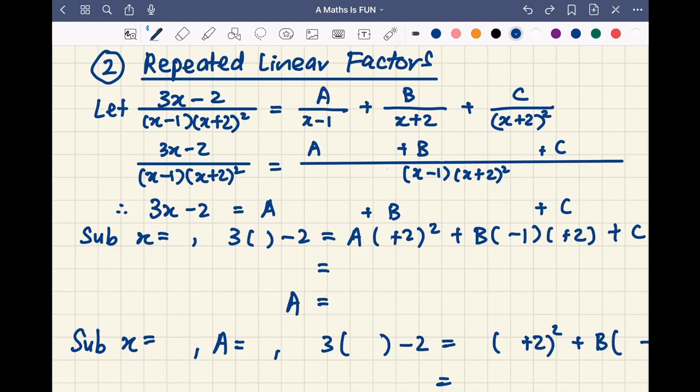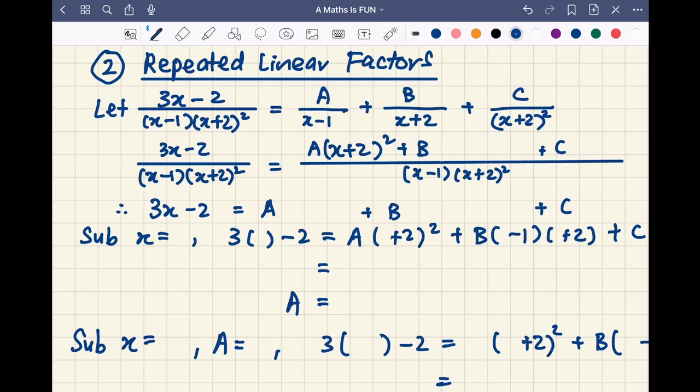Alright, so we need to observe for each of the three fractions on the right hand side, what is it in the denominator that we lack in terms of the factor. So for the first fraction of a over x minus 1, we need to multiply numerator and denominator by x plus 2 squared, in order to have a common denominator.